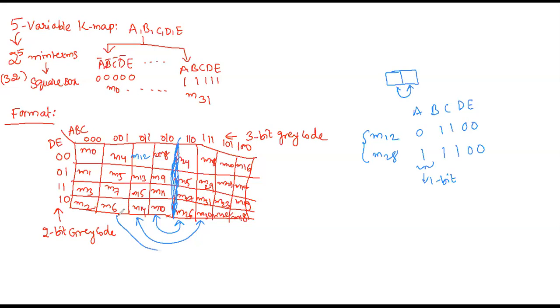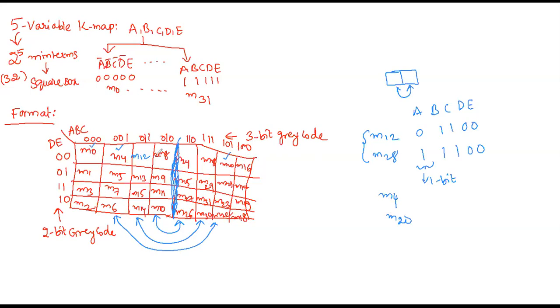And you can see the adjacency between the M4 column and the M20 column. These two columns are also adjacent to each other.